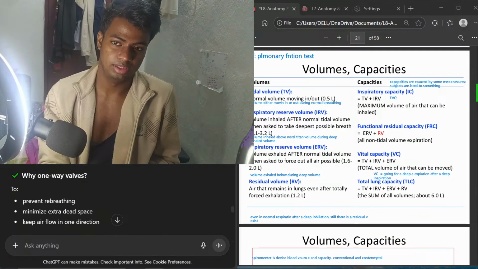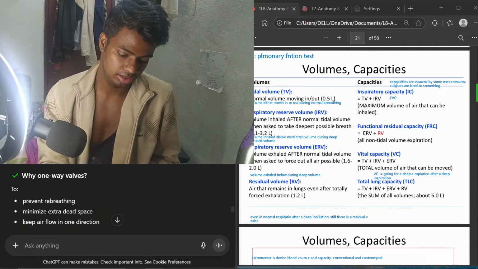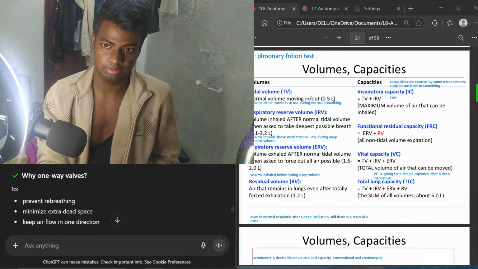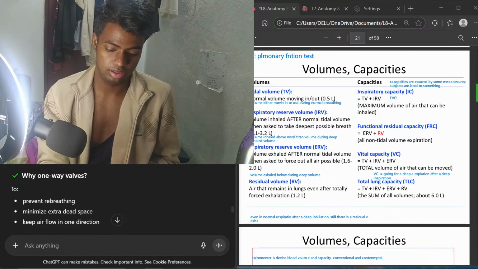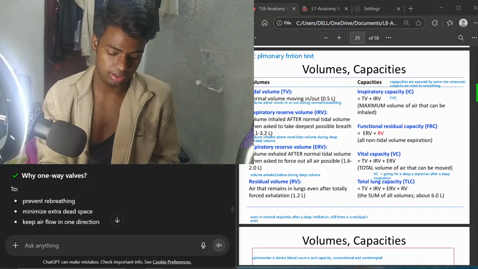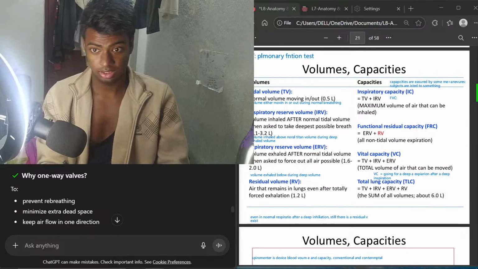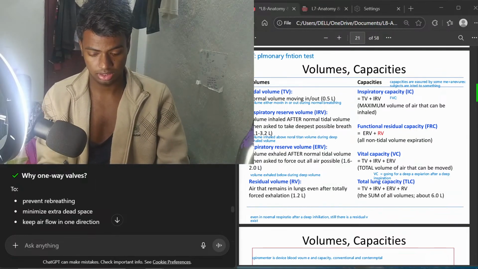Then what would come? Inspiratory capacity, that is IRV plus TV. Then FRC, functional residual capacity, which is ERV plus residual volume.